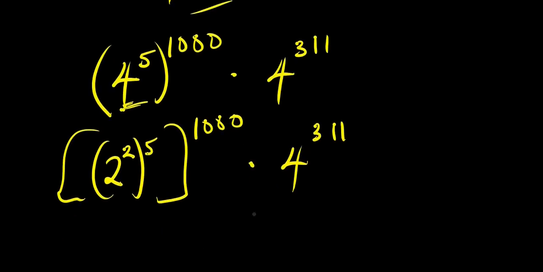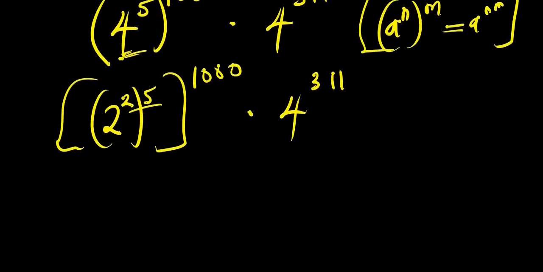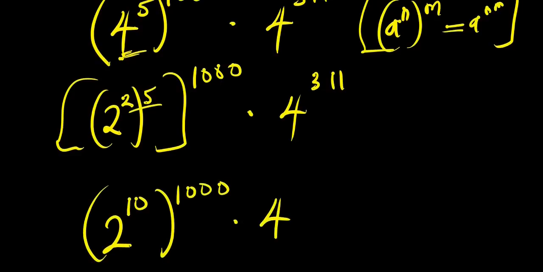So we go back to this identity of a power n all power m equals a power n times m. We multiply this out. So we have 2 to the power of 10, and this is to the power of 1000 times 4 power 311.